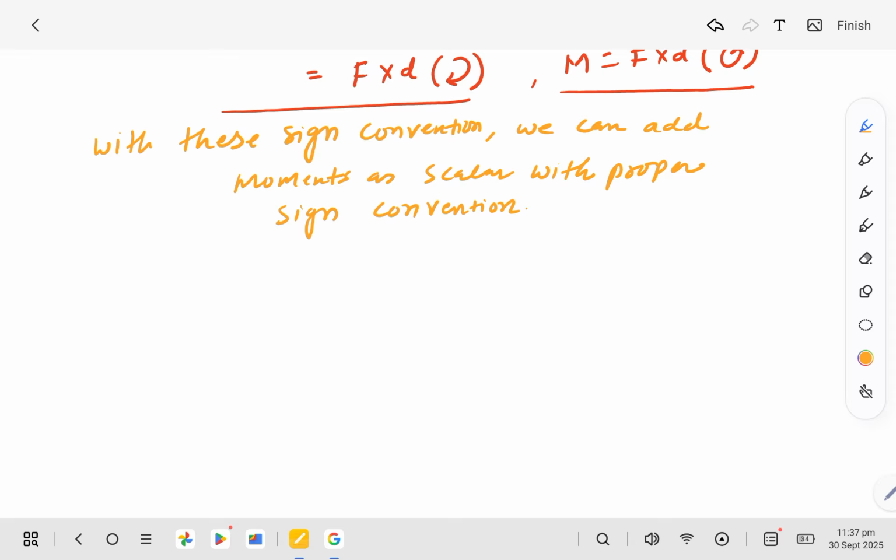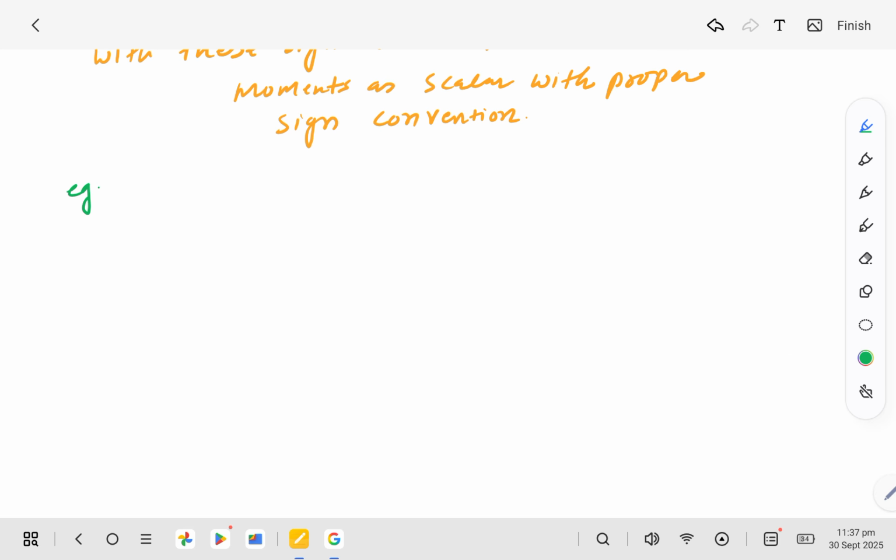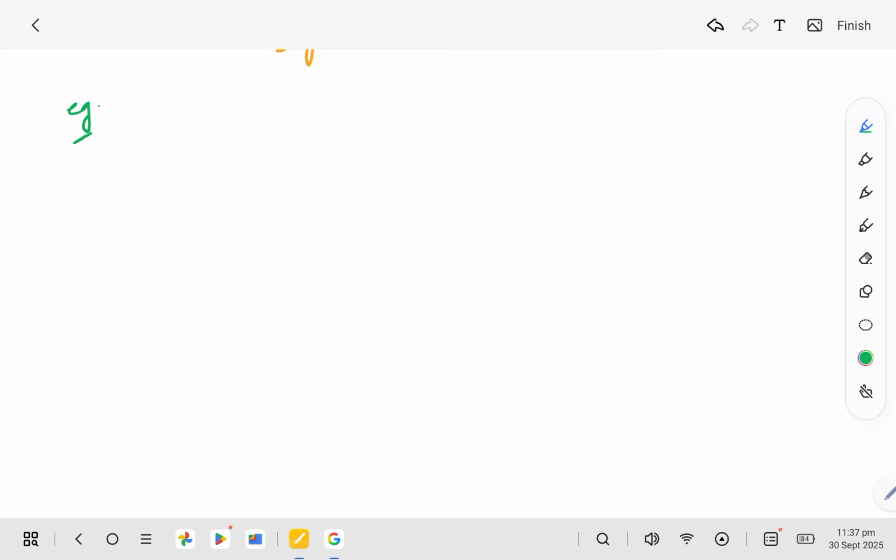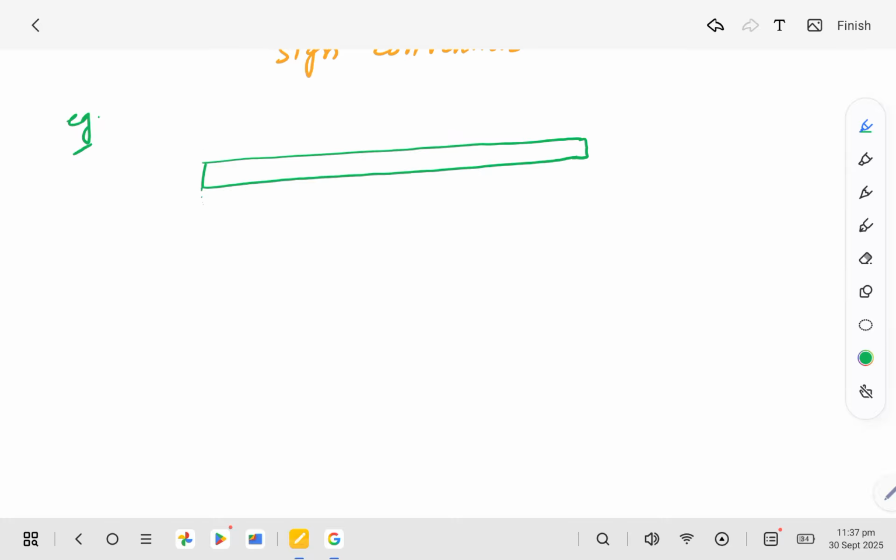So now I take one example. Let's consider one example. If I have a linear object, and this is the point O here, the end point is O, and one force is acting at this point of magnitude 40 Newton.